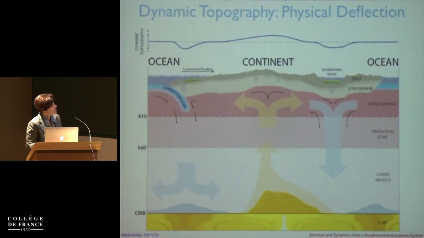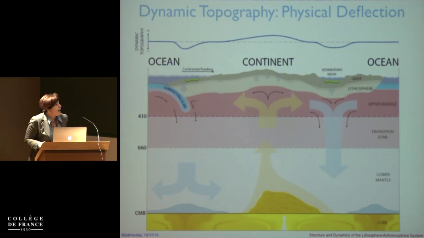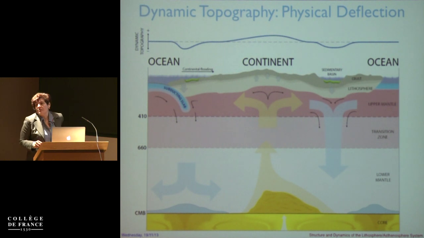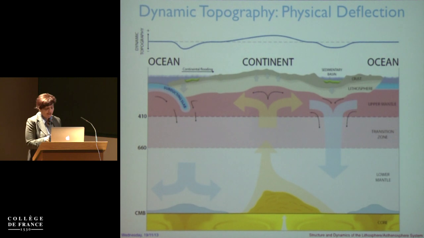I want to extend a little on the importance of dynamic topography and the concept that is also related to surface deformation. Going on what I said before, the dynamic topography is caused by the radial stresses that cause a real physical deflection of the surface. That implies that you're going to impose stresses on the lithosphere that are related to that mantle flow, and also that you're going to cause effective deformation of the surface.